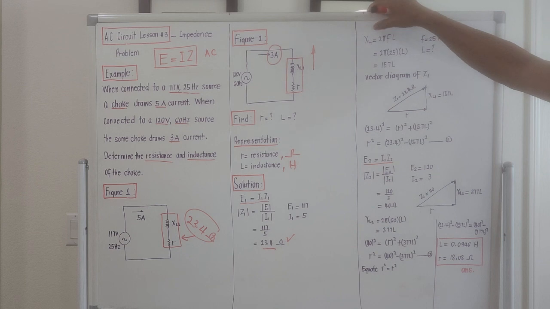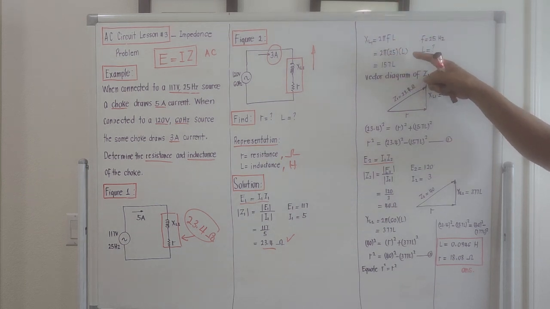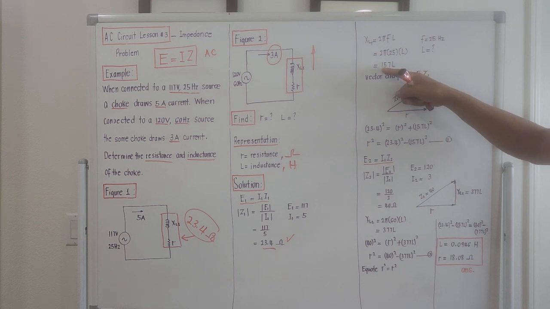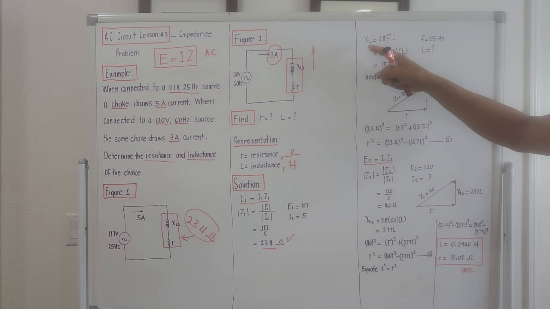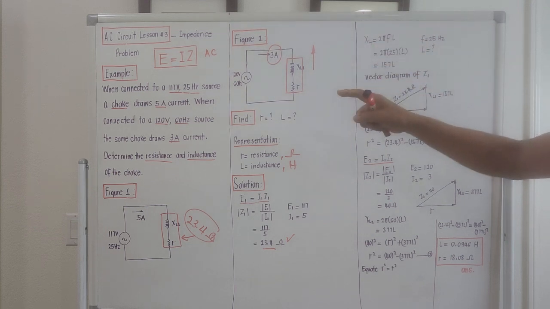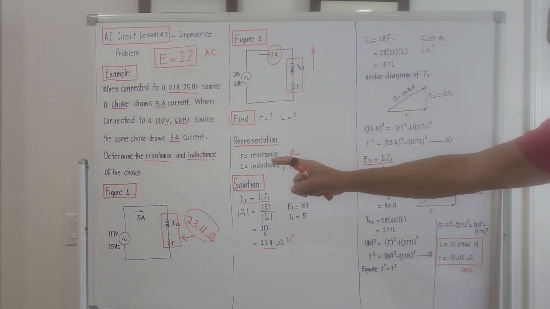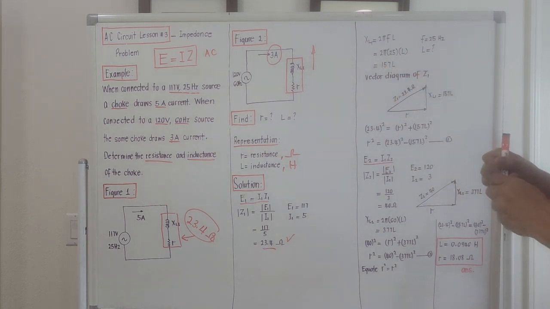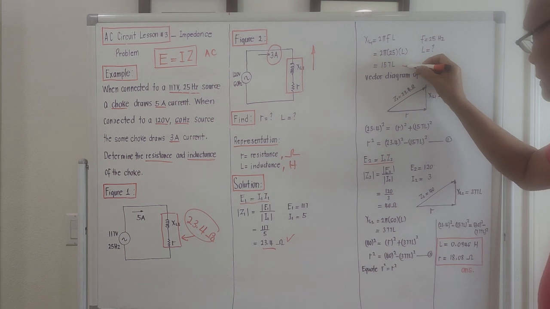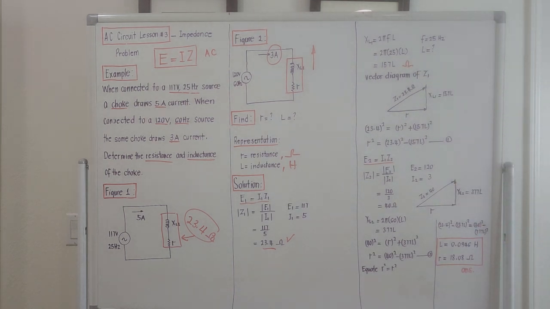So the inductive reactance will be 2 pi times 25 times L. 2 pi times 25 is approximately 157. For the meantime, we do not know the value of L. So we will just express XL1, meaning the inductive reactance of figure number 1, that draws 5 amperes, will be 157 times L. The unit of this will be ohms. Okay?